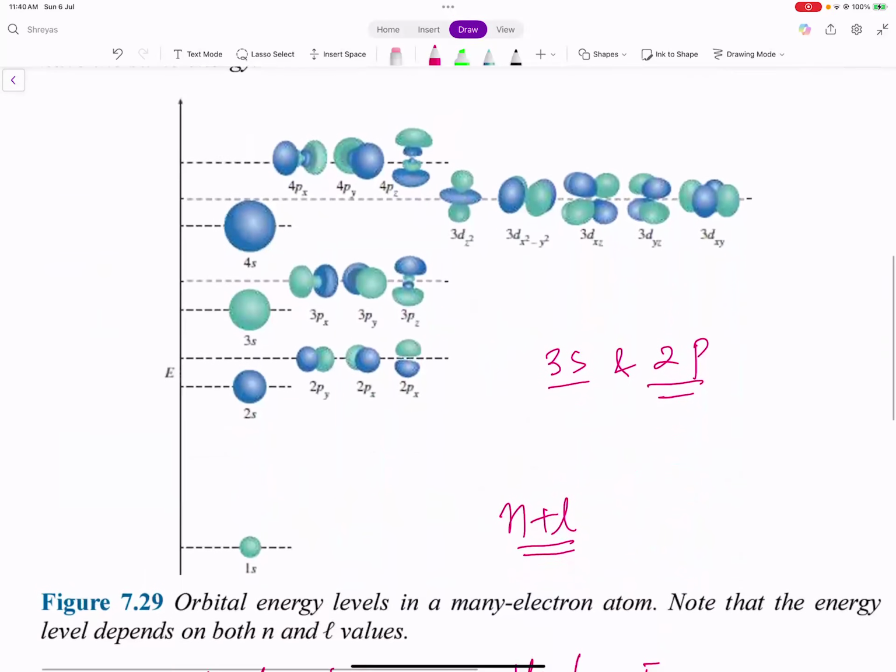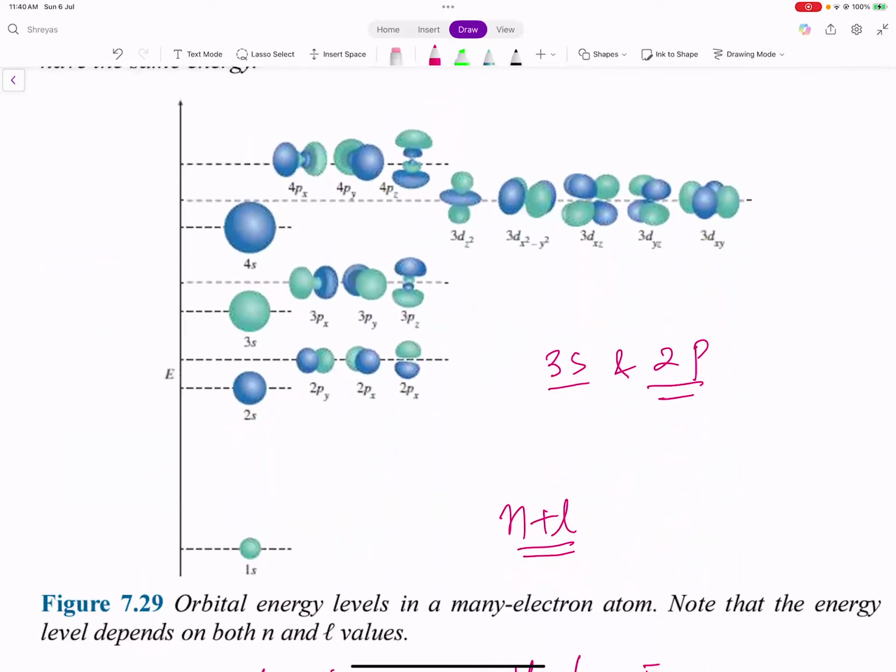What is the degeneracy of the first excited state here? Still one, because it jumps to 2s, right? What is the degeneracy of the third? 3. Fourth, 1, I guess. Fifth, 3, sixth, 1, seventh, 5, eighth? 3.